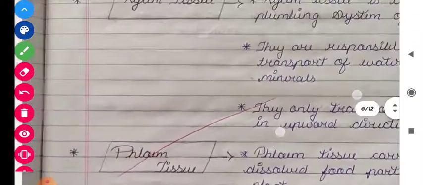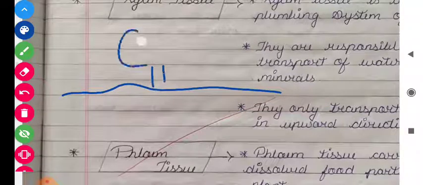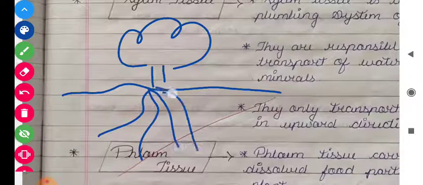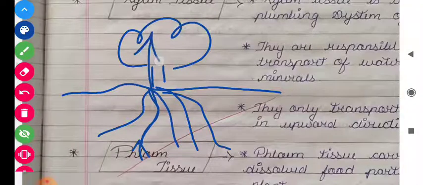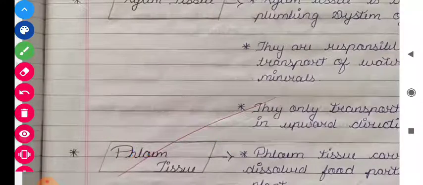As we know, students, when we saw this diagram, I will not spend much time on it, I will only give you a outer representation. These are the roots. So from the roots the necessary amount of water and minerals is going in the upward direction. There is no need to supply in the downward direction because the intake of the water and minerals is from the land, and from the land it only needs to be transported in the upward direction, not in the downward direction.